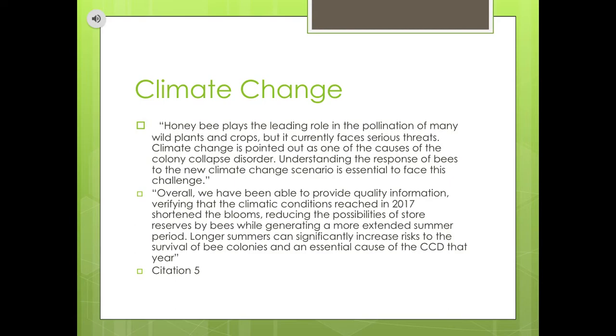Climatic conditions reached in 2017 shortened blossoms, reducing the possibilities of store reserves by bees, while generating a more extended summer period. Longer summers can significantly increase risk to the survival of bee colonies and were an essential cause of CCD that year. So look over my citation 5, and then this next slide, I encourage you to pause and look over the figure.